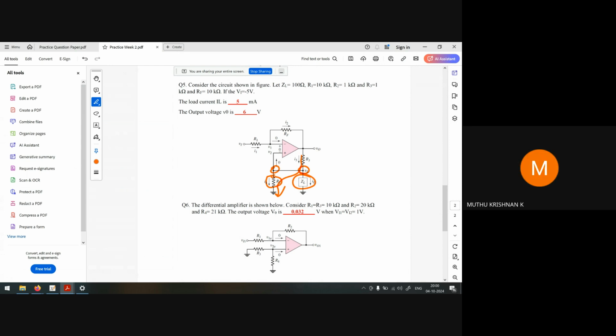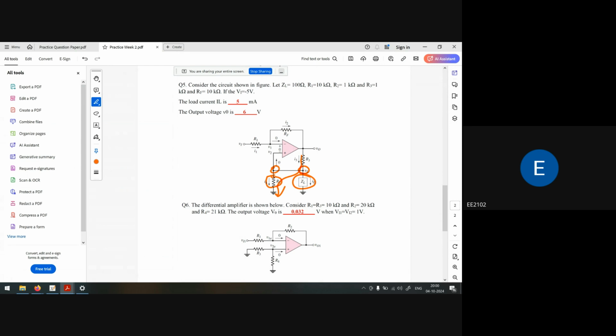Yes sir. Because of this ZL presence, we first need to calculate the parallel equivalent of this ZL and R2, right? For calculating VL. No, there is no need of that one, na, because it is a parallel, and if we are talking about the voltage, in the parallel the voltage is same.